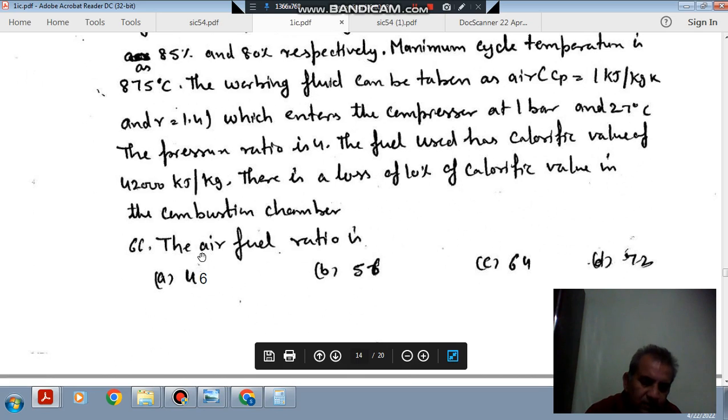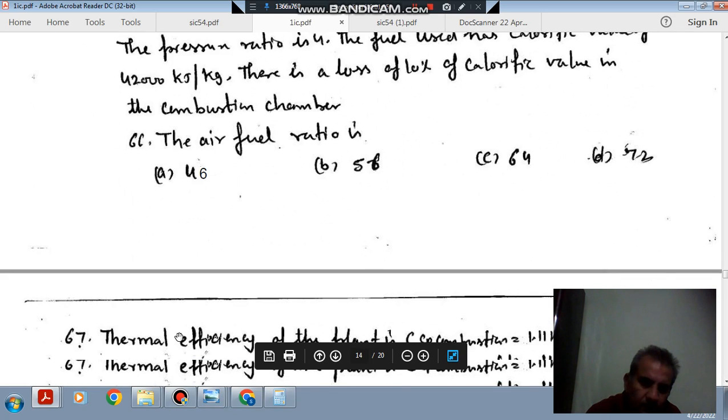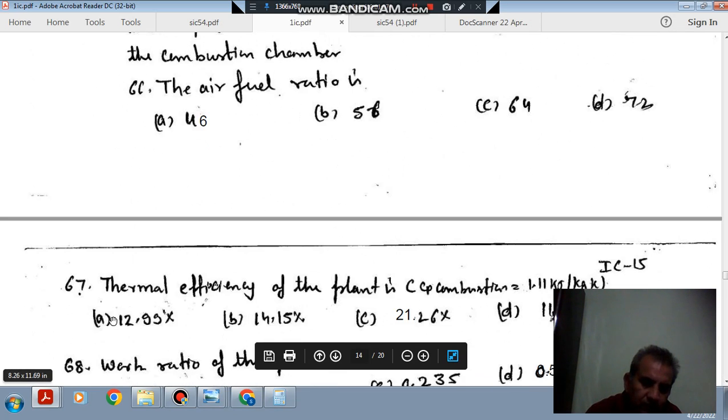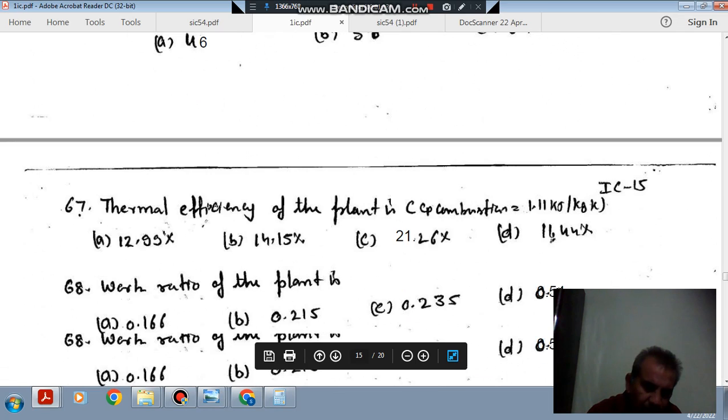Question number 66: the air fuel ratio is option A 46, option B 56, option C 64, and option D 72. Question 67: thermal efficiency of the plant, with Cp for combustion as 1.1 kilojoules per kilogram per degree Kelvin.